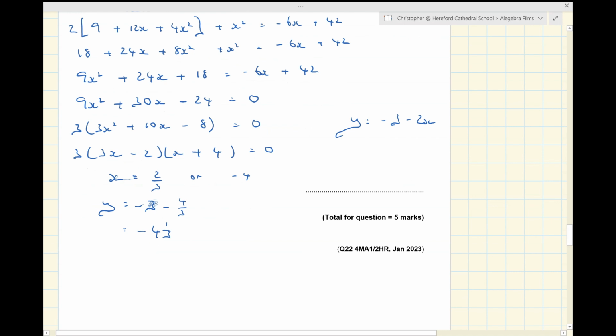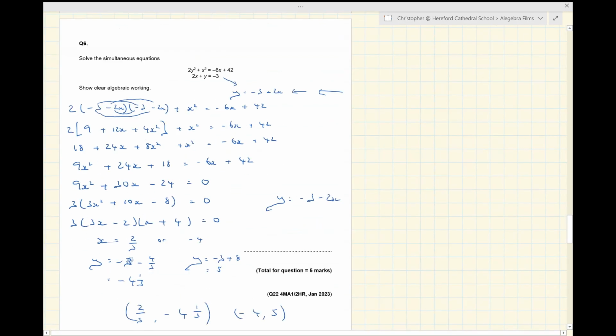Or if x is minus 4, then y is equal to minus 3 plus 8, which is 5. So my two solutions are that x is 2/3 and y is minus 4 1/3, or that x is minus 4 and y is equal to 5.